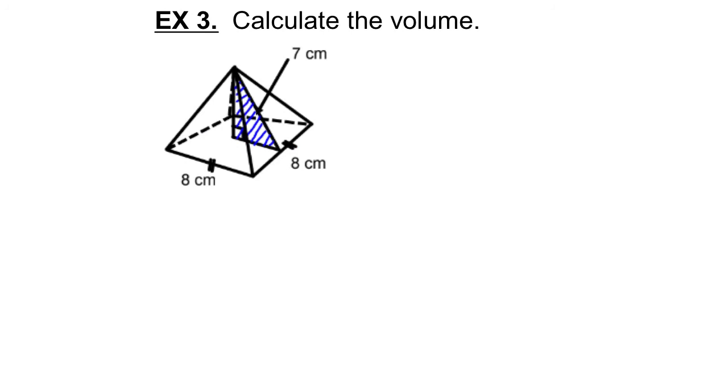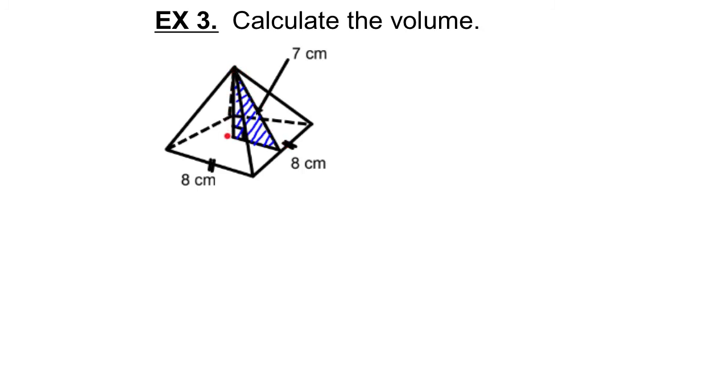So now in this example, when I'm asked to calculate the volume of this square-based pyramid, I can use a similar method to what I did in the previous example, because this does not give me the height of the pyramid. This 7 centimeters, that's called the slant height. And I can't use that as the height of the pyramid.